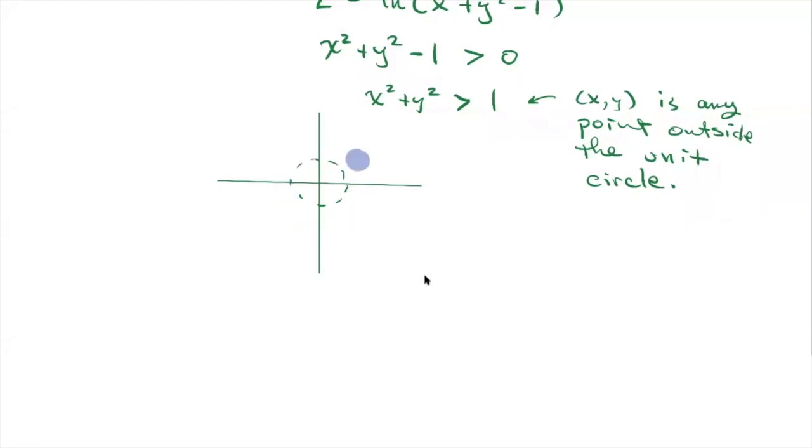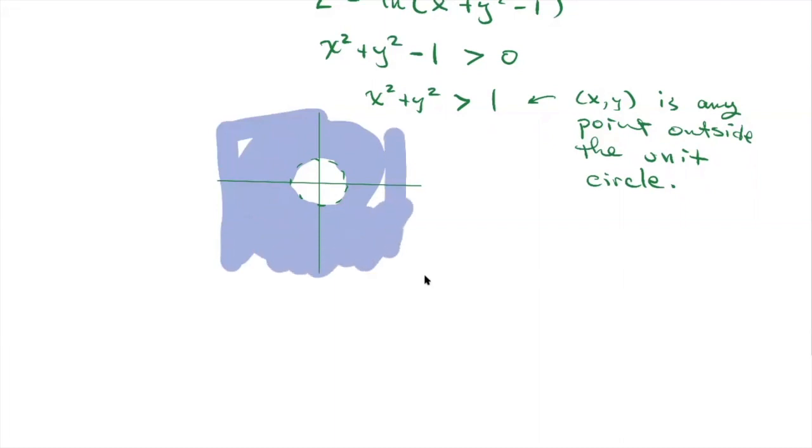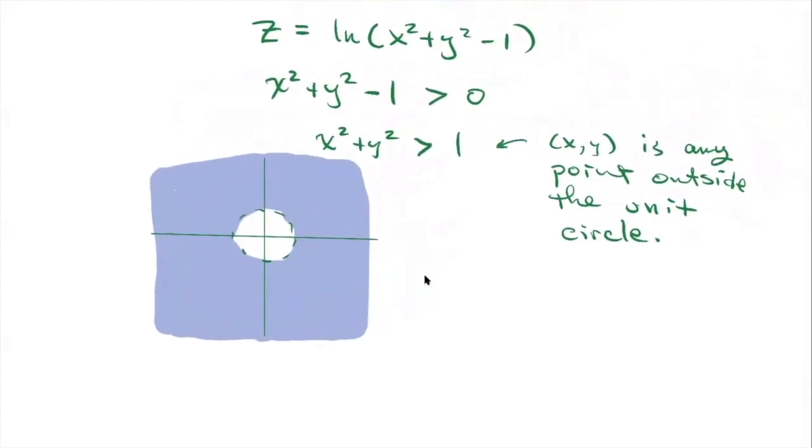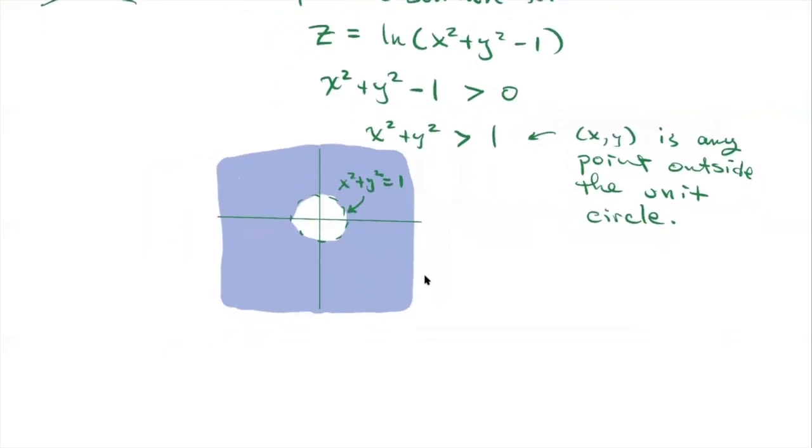I think I'll try that again. Okay, any questions? I don't know how to annotate. I might just go x squared plus y squared equals 1 and point to that circle there. Okay. So any questions about that?